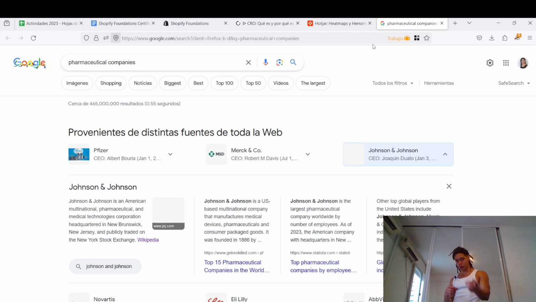Novartis and Roche are Swiss multinational pharmaceutical companies. Sanofi is a French multinational, and GSK a British multinational.